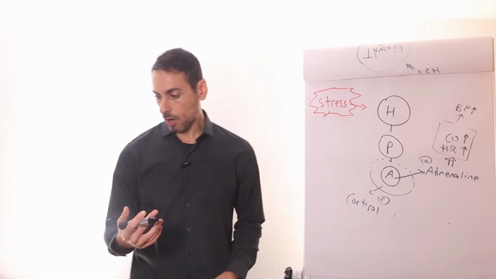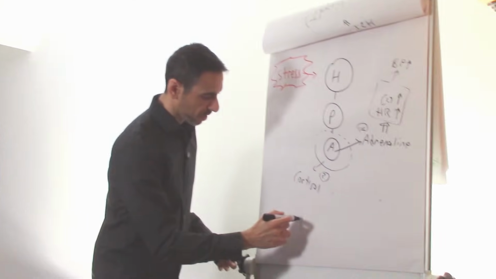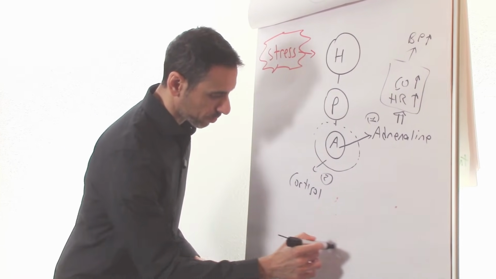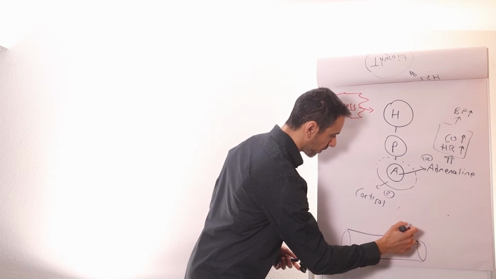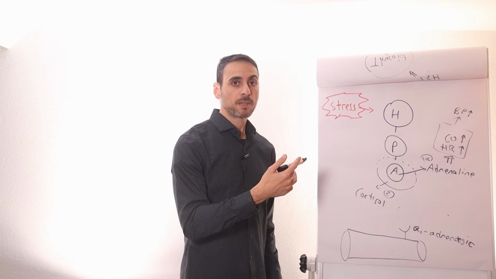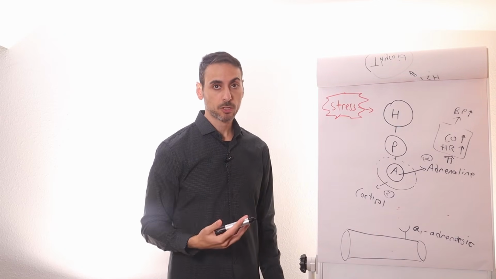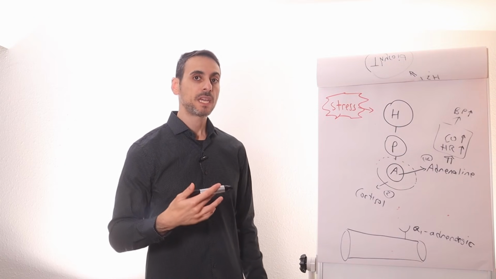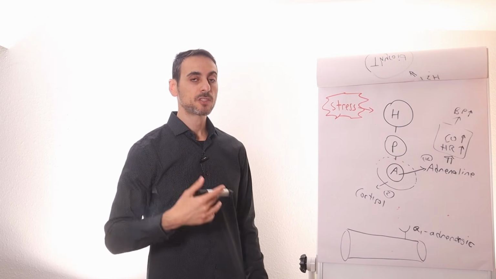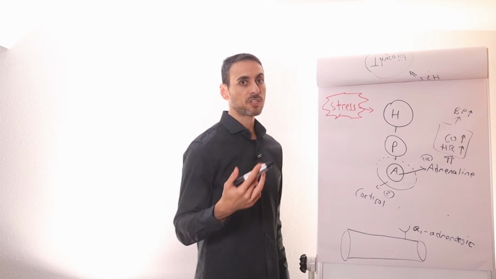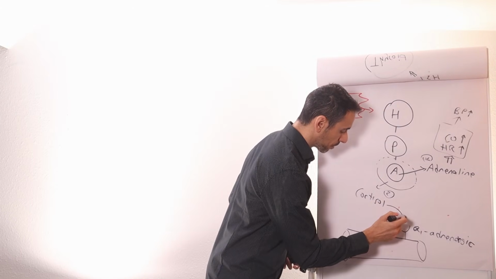Let's draw this so we have a better idea of how this works. Let's say this is our blood vessels. On the blood vessel, let's say we have a receptor here. Every time we secrete cortisol, if you have oversecretion or chronic secretion of excess cortisol, it increases the expression and sensitivity of the alpha-1 adrenergic receptor.